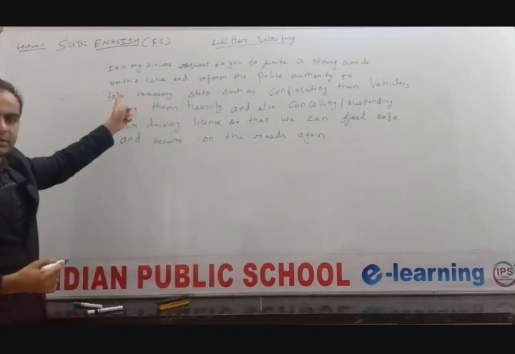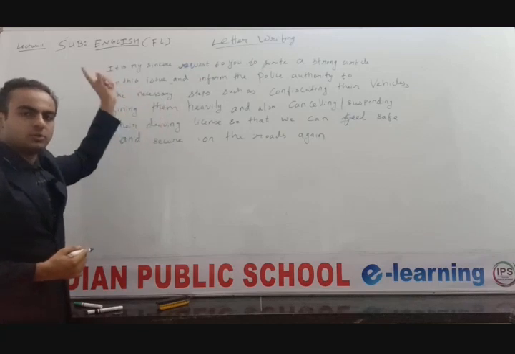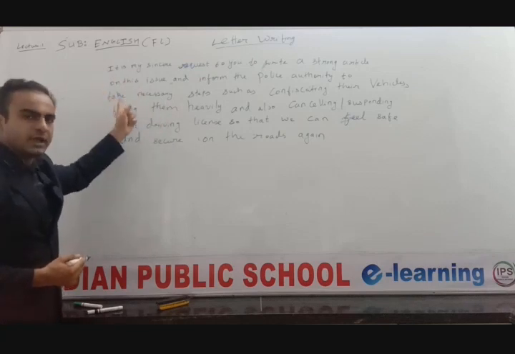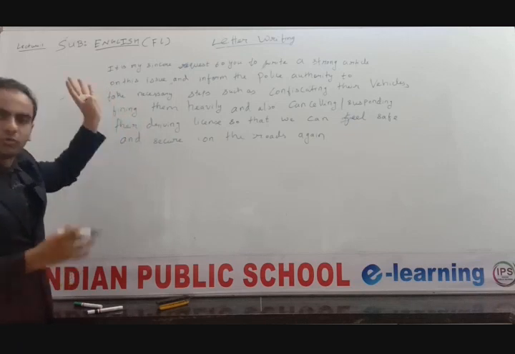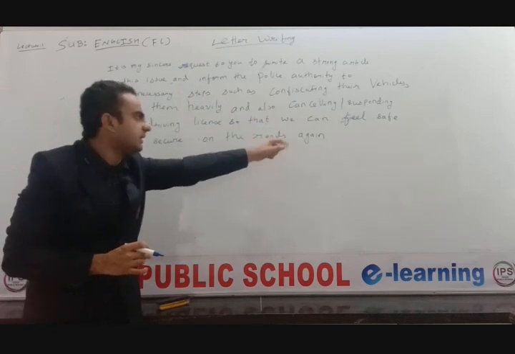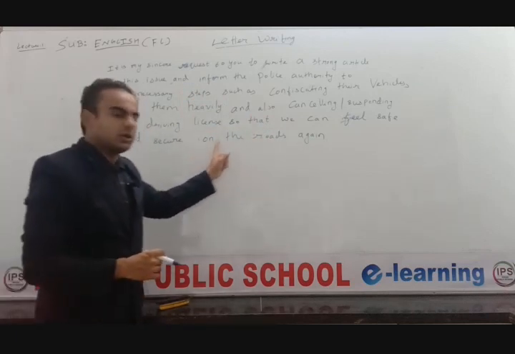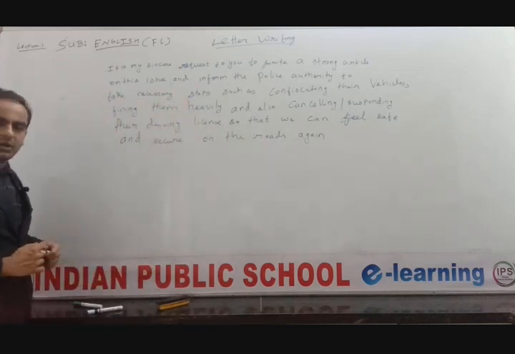Why you are writing this letter? Mentioning the issue, what can the government do, what can the police authority do, what can the editor do? Editor can write, right? He cannot order, he can write. And what is the purpose of writing? So that the citizens, the residents of the city can feel safe and secure on the roads again. This will be your concluding paragraph. You can end the letter here.